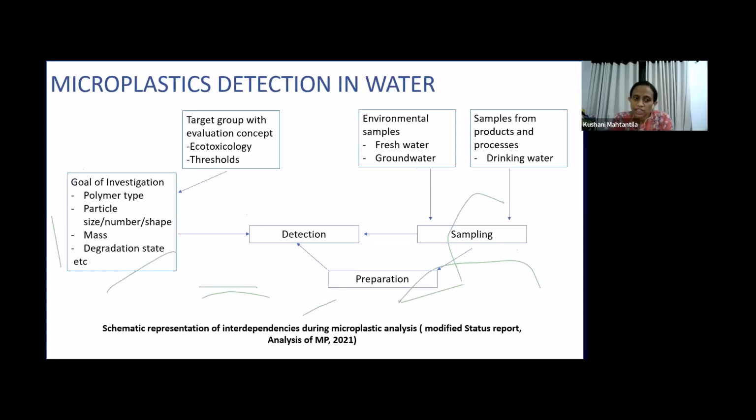From the gas chromatographic techniques, we can get a mass fraction and polymer types, but not the particle size or the particle number. So depending on the objective of our research, the detection technique varies. Sample volume should be decided, and preparation of samples should be based on the detection techniques. This is the interdependencies of microplastic analysis: the sampling, preparation, and detection.